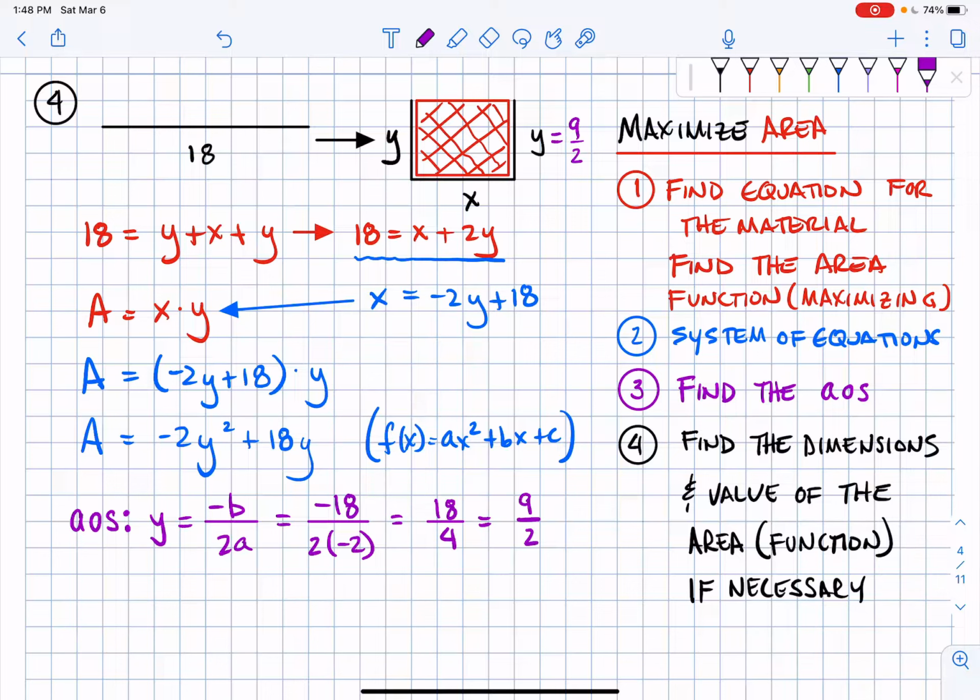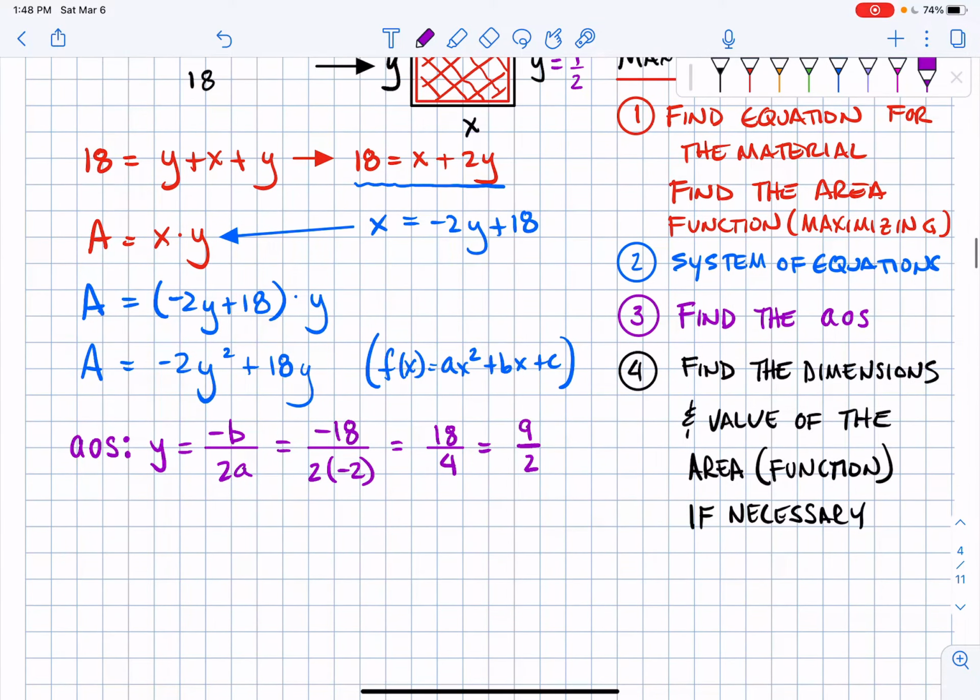If you look at step 4 here, it says find the dimensions and the value of the area function if necessary. Meaning, if the y doesn't answer my question, then I should go ahead and find my x. To find my x, I have an equation right here in regards to x.